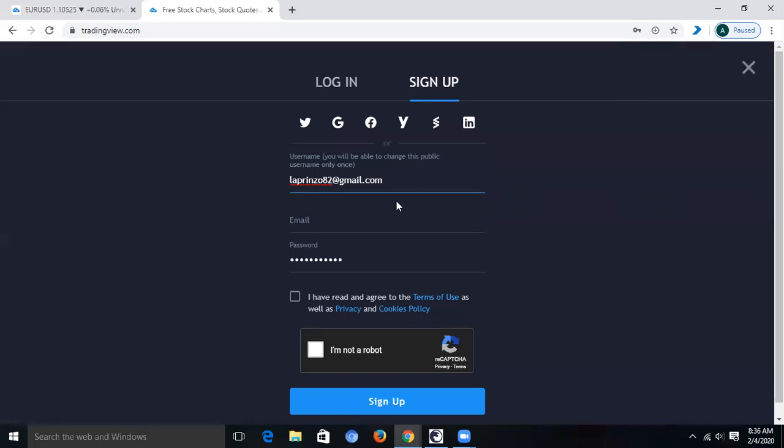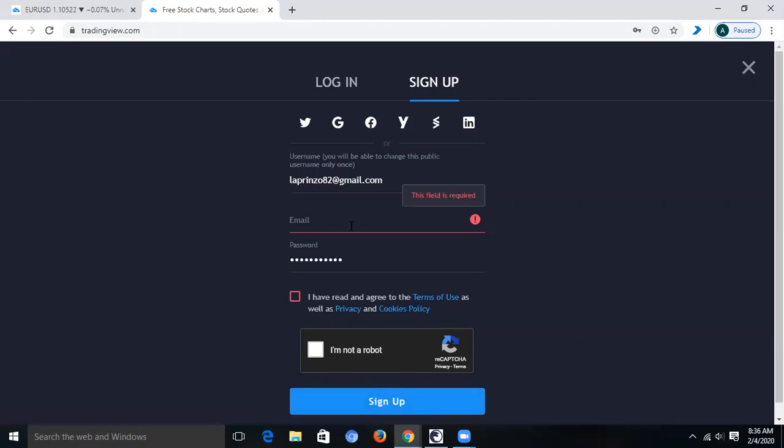Because I have an account already, my password, everything is here. It will just take me automatically to TradingView. But if you don't have an account, you can click sign up.